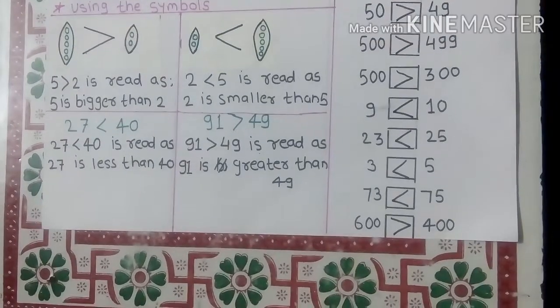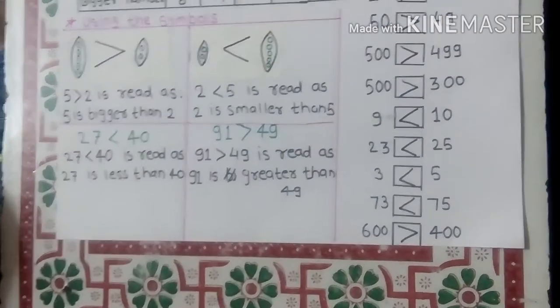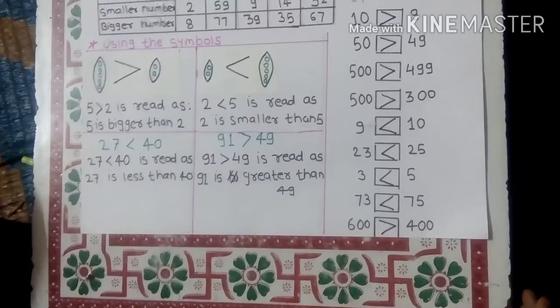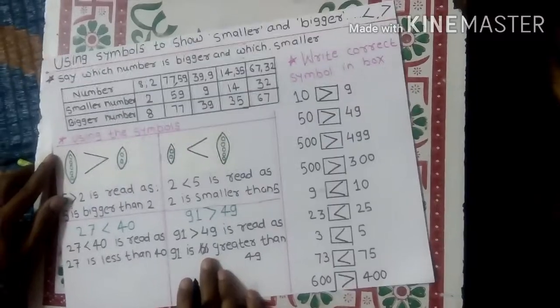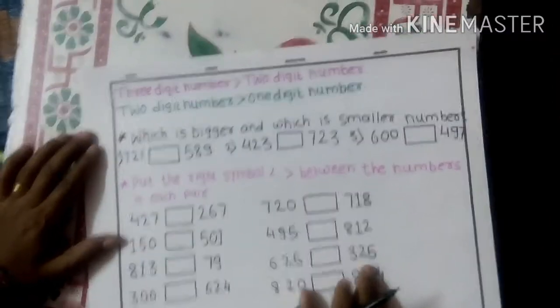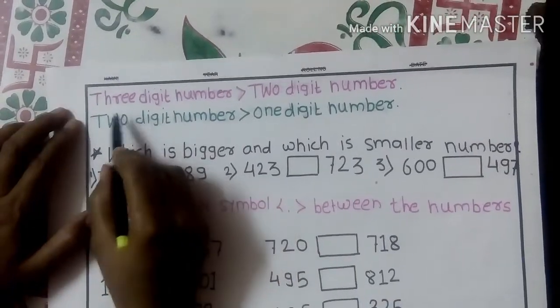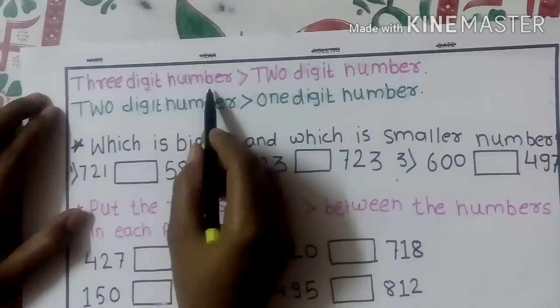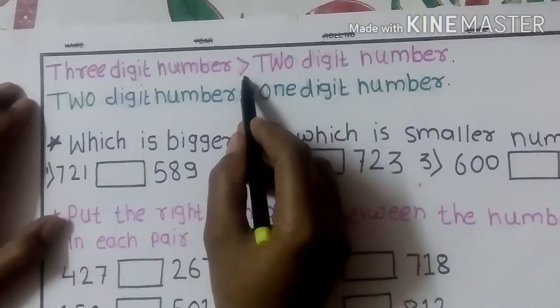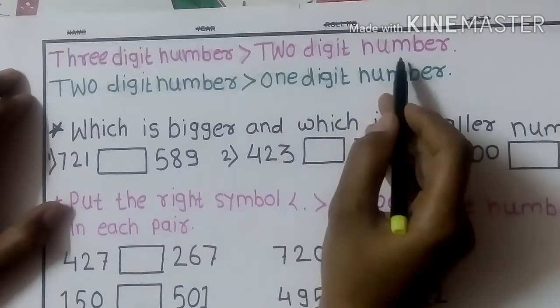Okay student, you know the symbols smaller than and bigger than. Now we see another example of 3-digit numbers. First, remember this thing: a 3-digit number is always bigger than a 2-digit number.